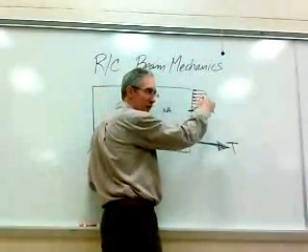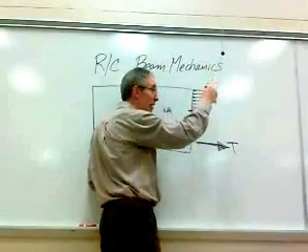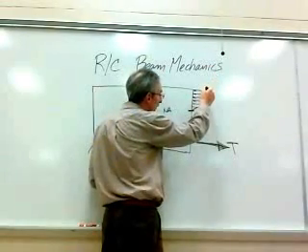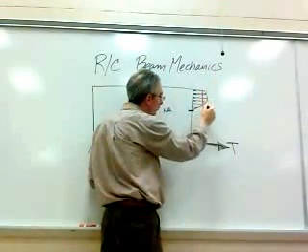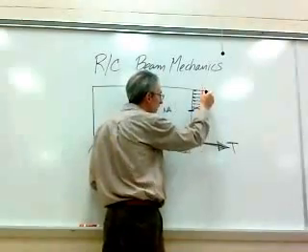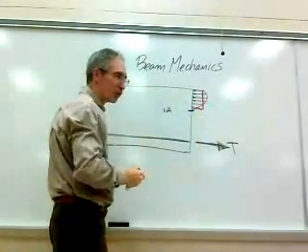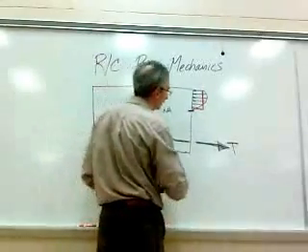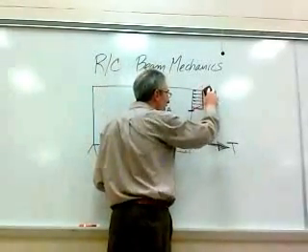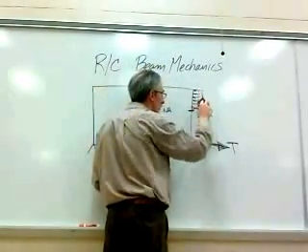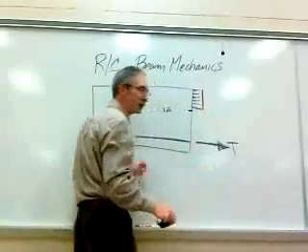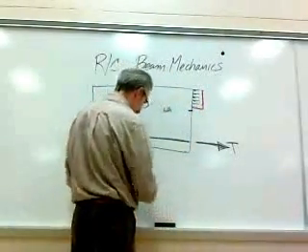So instead of using really what it is, probably a parabolic distribution, the ACI uses a rectangular approximation of stress. Some people call this the Whitney stress block. But as far as that parabola goes, we just sort of say goodbye to it.